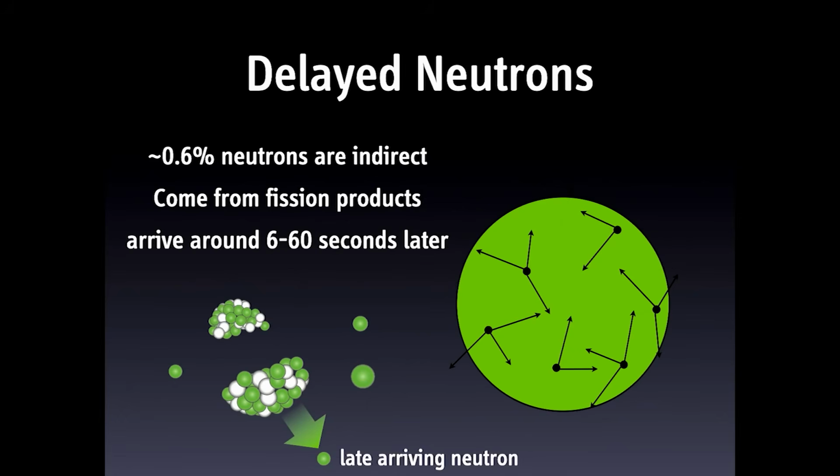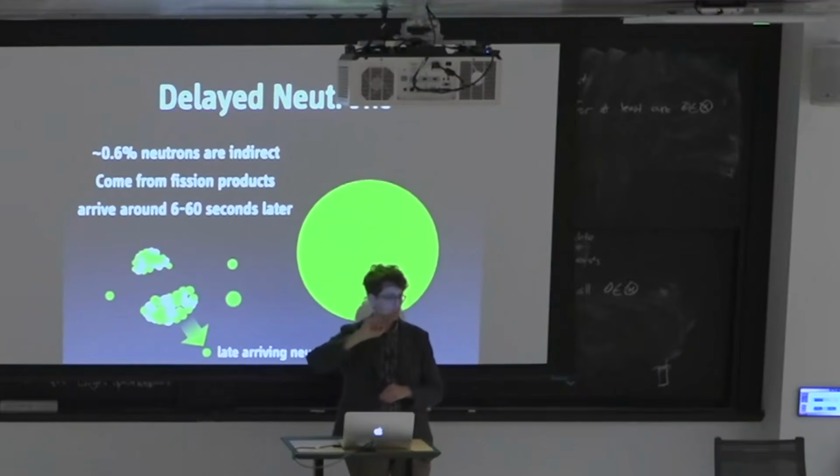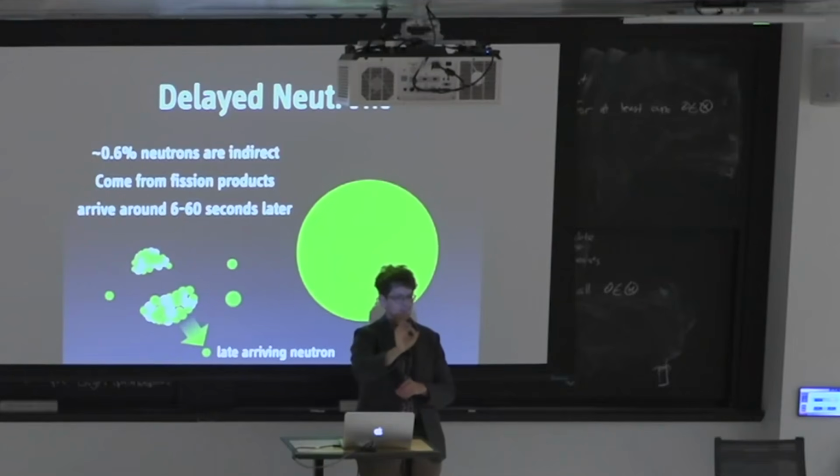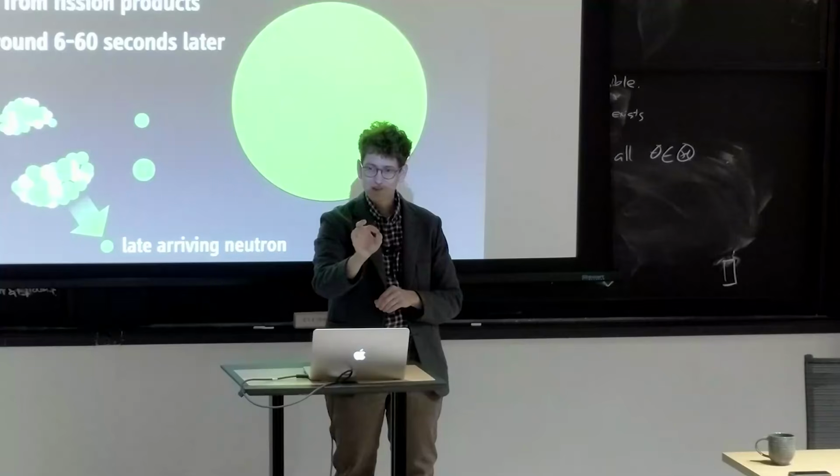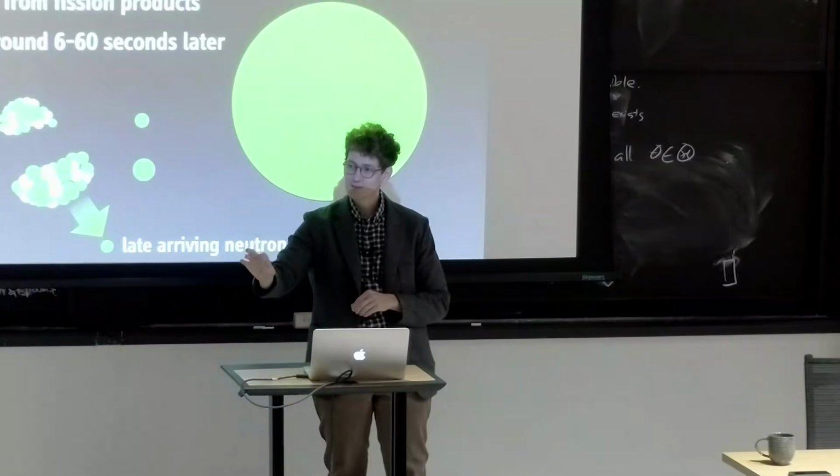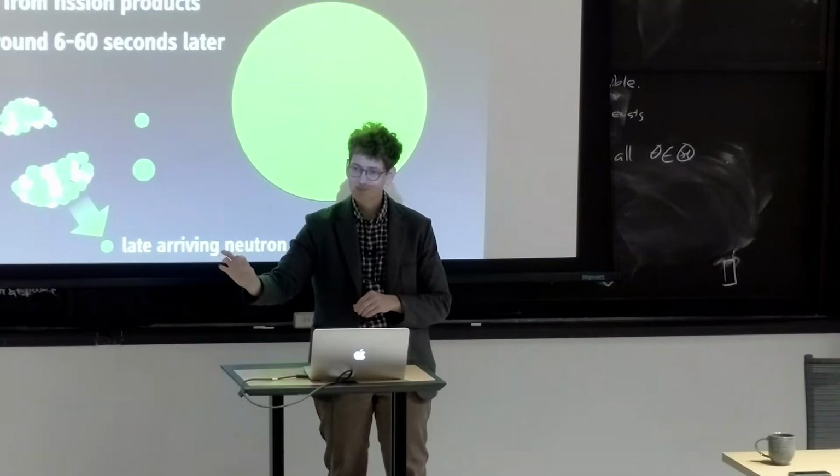So it is true that you get 2.5 neutrons on average coming out of fission, but a very small fraction, about 0.6% of those neutrons, don't come directly from the fissioning nucleus, but show up later because of radioactive decay.